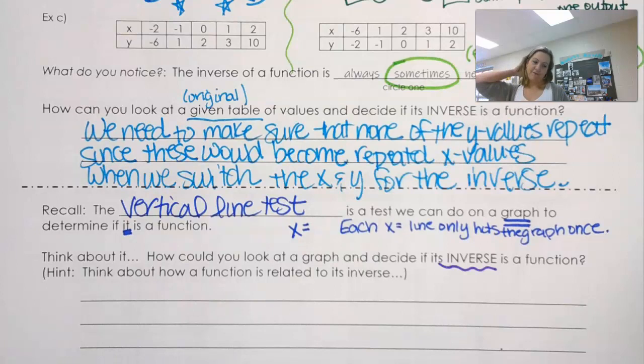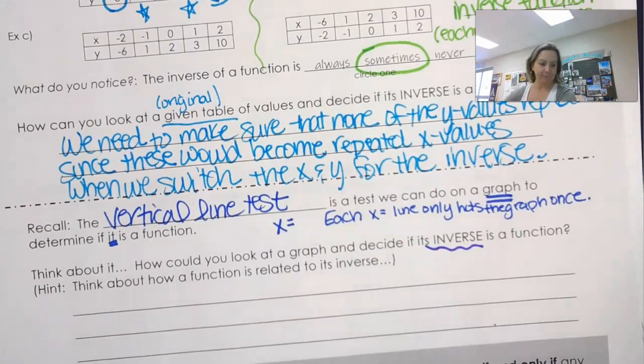So let's think about how a function is related to its inverse. Well, to find an inverse, we have to switch the x and y's, right? So we would want our inverse function to pass a vertical line test, which means in the original function, that x would really be a y and would be a horizontal line.